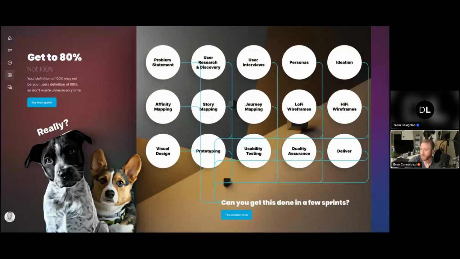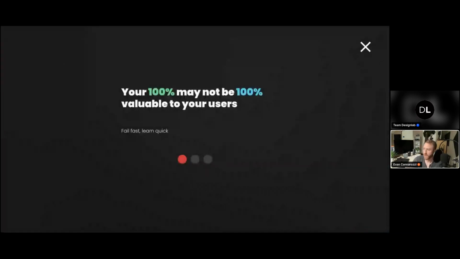So what that means is your definition of 100% may not be your user's definition of 100%. So let me say that again. Your 100% may not be 100% valuable to your users.